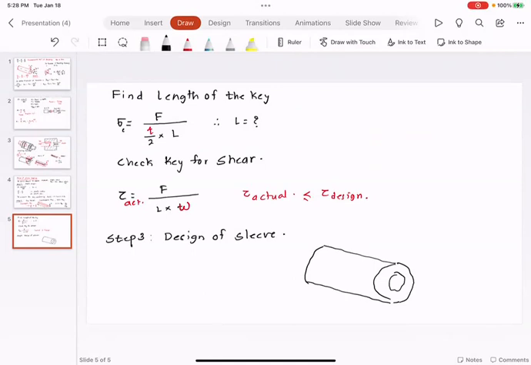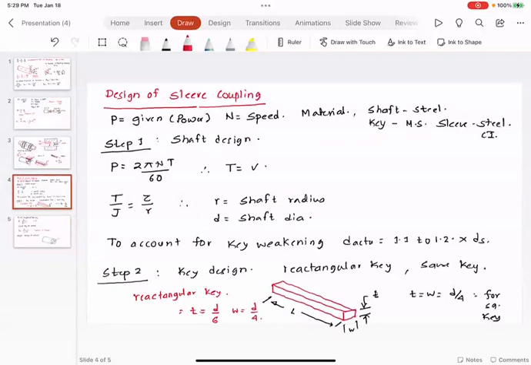So the way you can design this, if you strictly want to use the mechanics of materials equations, remember you are going to supply the same amount of torque. Same torque is going to go from input shaft to the coupling to the output shaft. So you can use the equation. Also, you know that this diameter is the diameter that you already found, which is D actual.